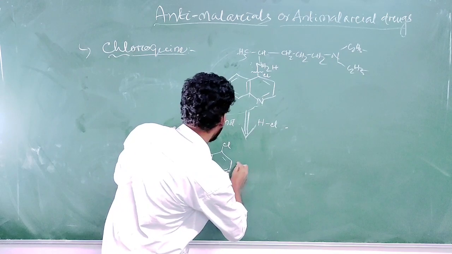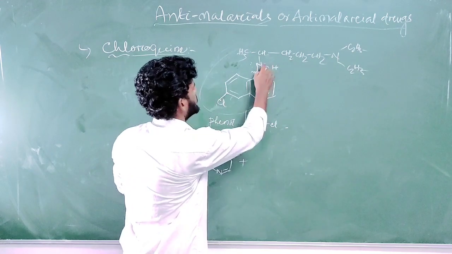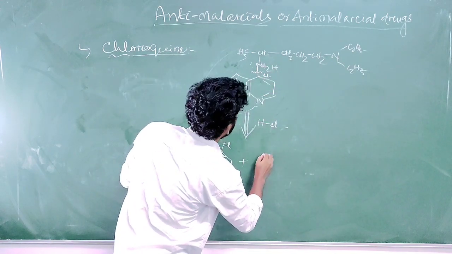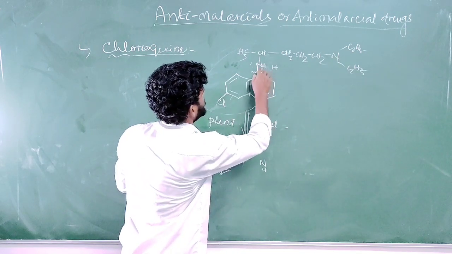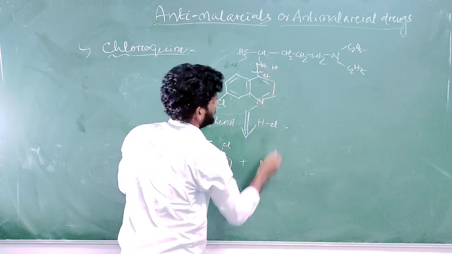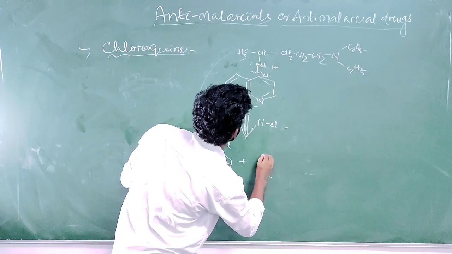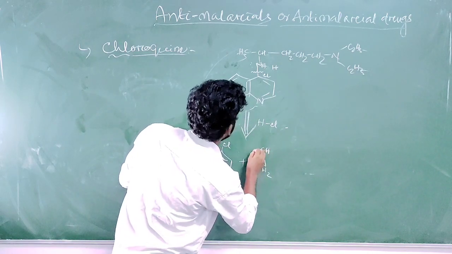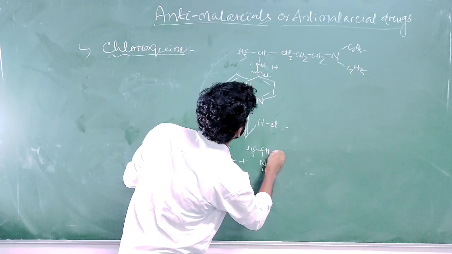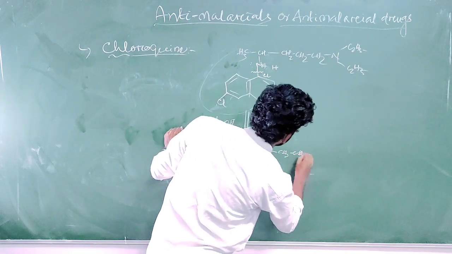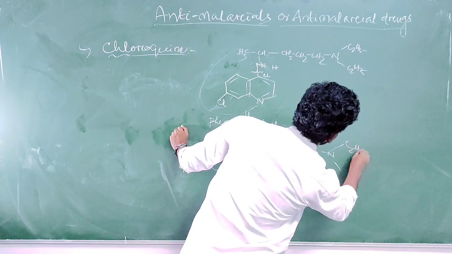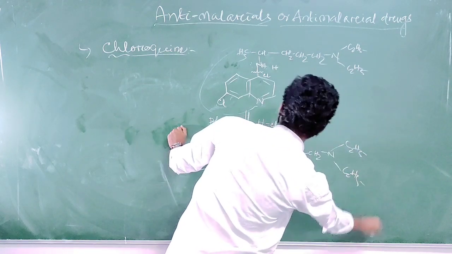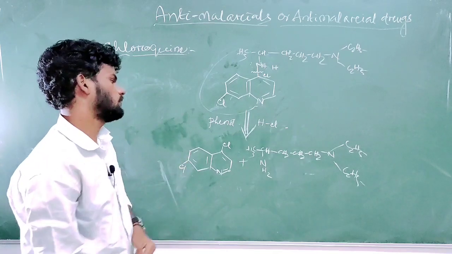So one is the dichloroquinoline with Cl, and the other is NH2, not NH, nitrogen has 3 bonds, with CH, CH3, CH2, CH2, CH2 and C2H5, C2H5. So these are two different subparts.